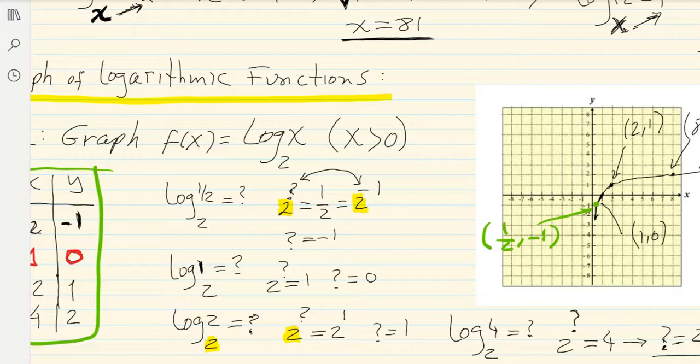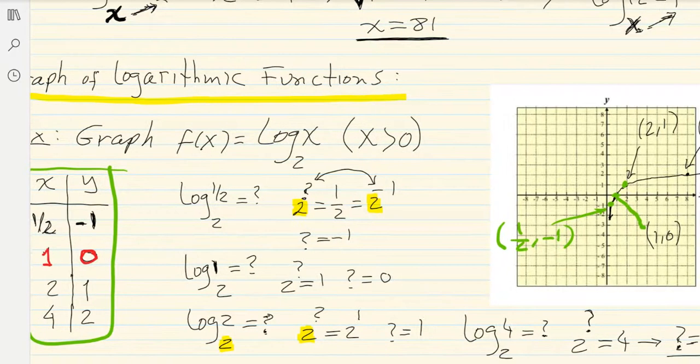And then I have 1, 0. This is actually 1, 0 right in here. And that's this point. My next point was 2, 1. This is 2, 1. And then it was 8. Oh, I'm sorry, not 8.